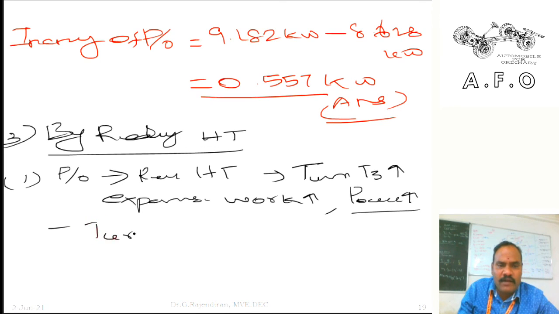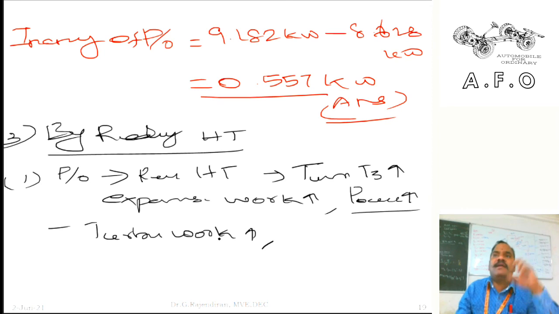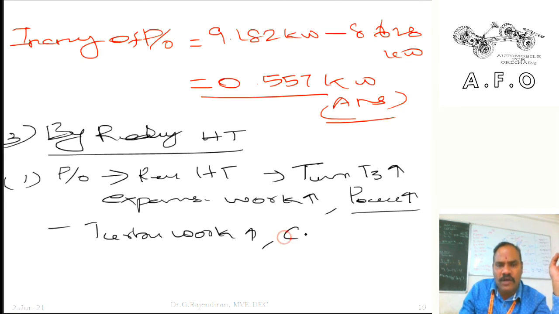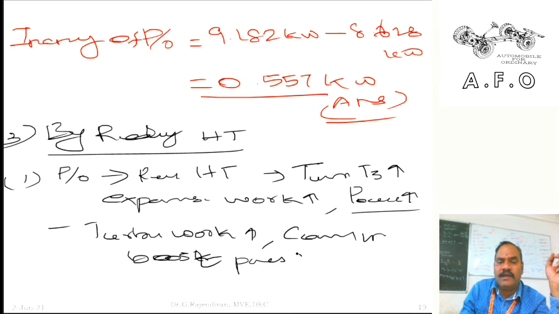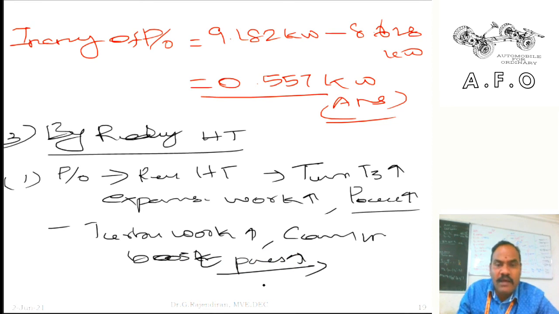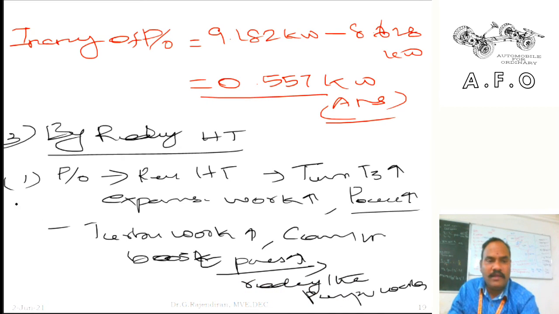Since turbine work is increased, and the compressor is coupled with the turbine, the compressor boost pressure is increased, so that it may be due to reducing the pumping work. Clear? This is one, in terms of power output.